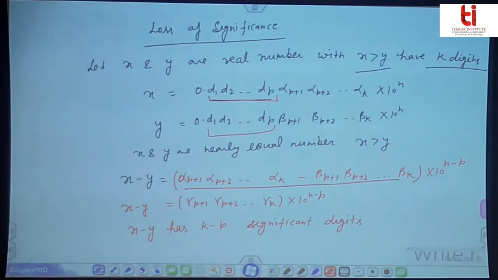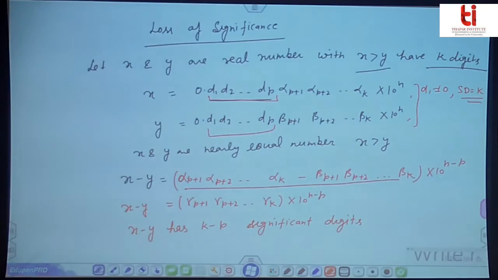This means what we explain here: x is a real number having k digits. Let us suppose d1 is not equal to 0, and y is also like that, d1 is not equal to 0, it is in normal form. So how many significant digits are in this number? It has k significant digits in both numbers.